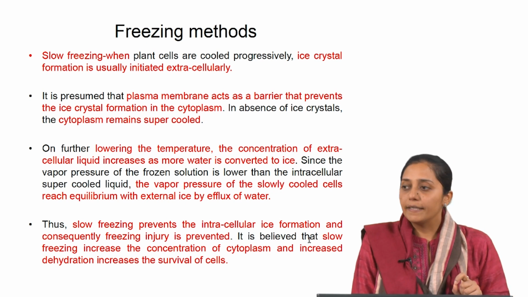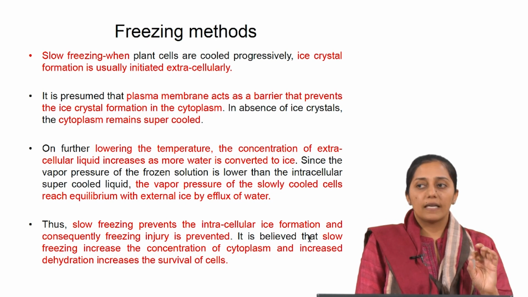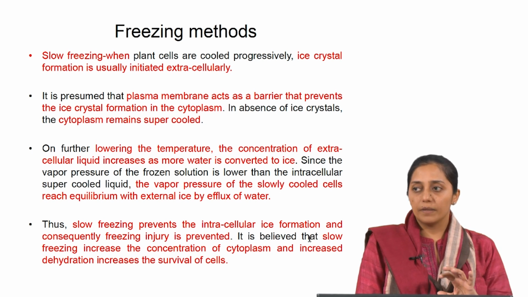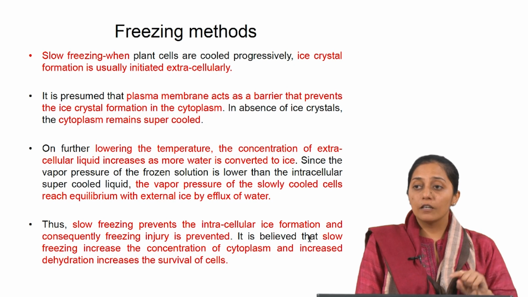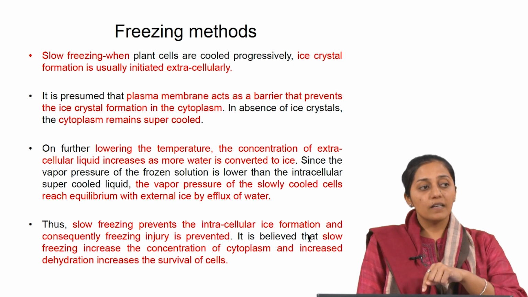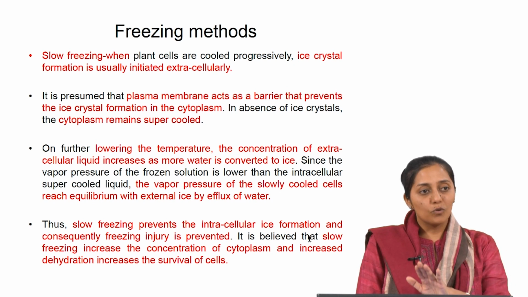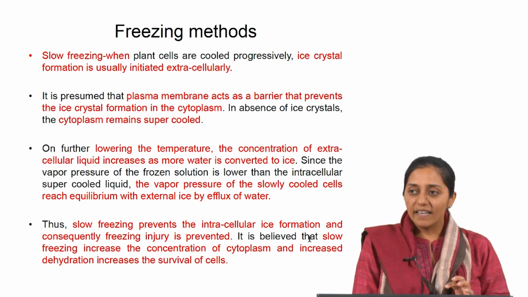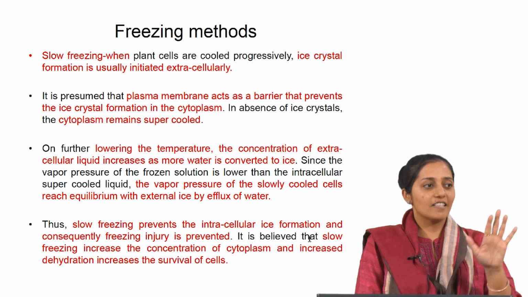If I give you a hint, when you do slow cooling, it gives the cell the time to equilibrate. This vapor pressure equilibrium will in turn facilitate the internal water not to freeze but remain at supercooled temperatures. The idea is to prevent internal crystallization.